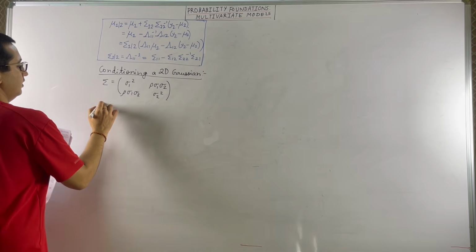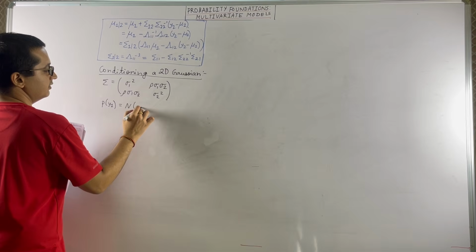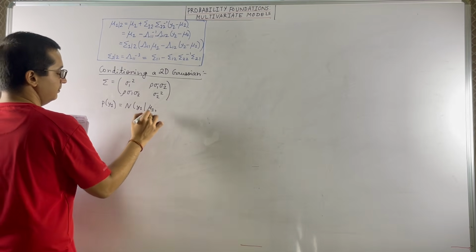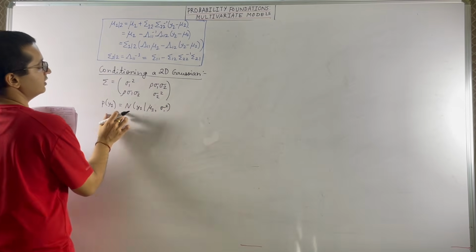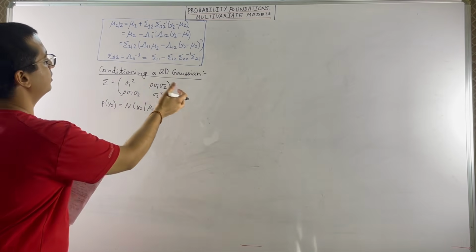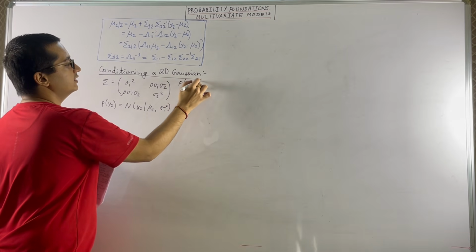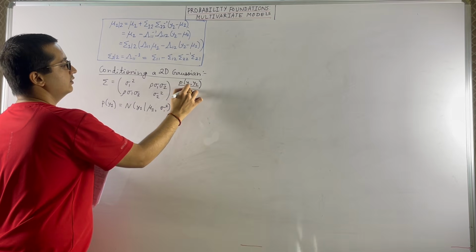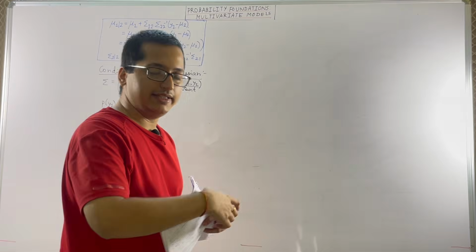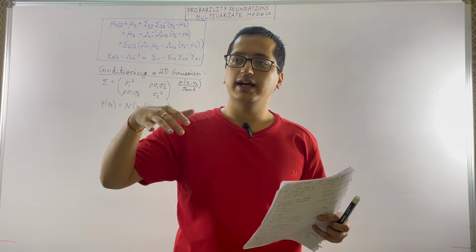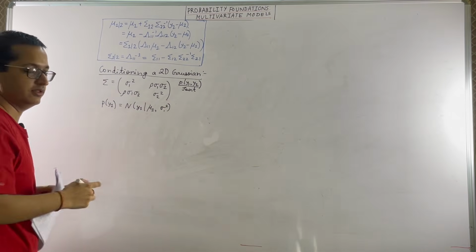So when you write this p of y1, all right, the marginal, mean mu1 and variance sigma 1 square. So what is the interpretation for a marginal? Let's say I have a 2D Gaussian that is in my joint form, right? This is the joint Gaussian. So when I'm trying to find p of y1, what I'm trying to say is that I take my 2D Gaussian and I project it onto the y1 line, and then I get my marginal, right?